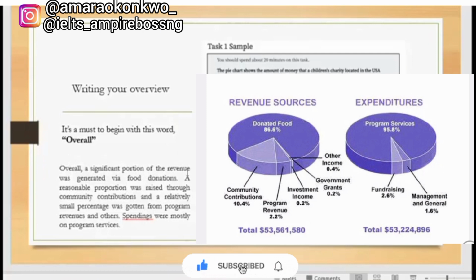A significant portion of the revenue was generated via food donations, as we can see. A reasonable proportion, this community contribution, you can see that it is, I think this should be 16.5%. So it's also a reasonable portion, you understand? A reasonable proportion was raised through community contributions, and a relatively small percentage was gotten from program revenues and others.